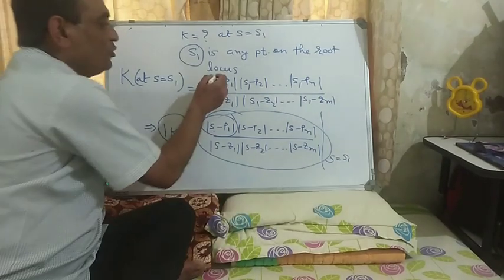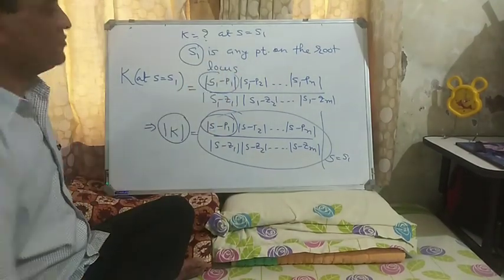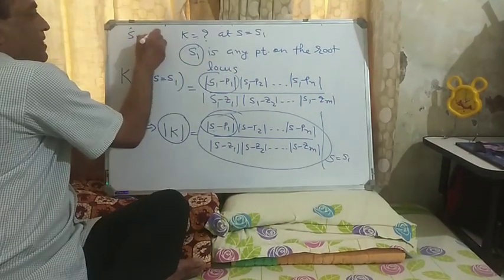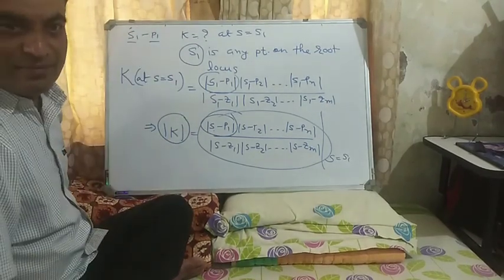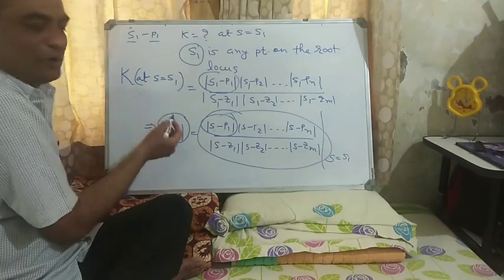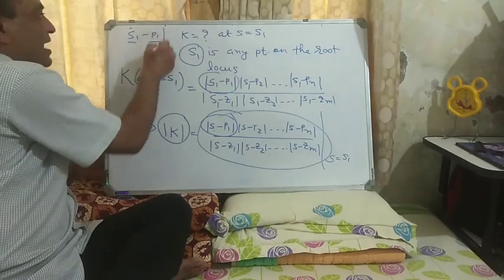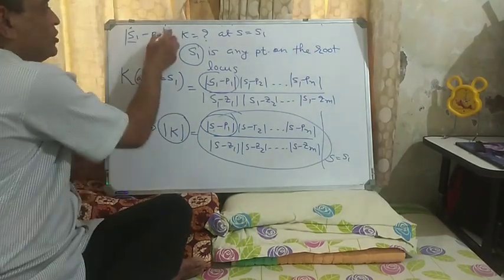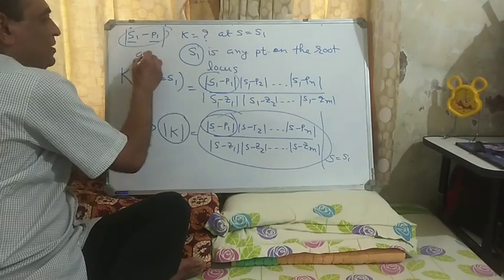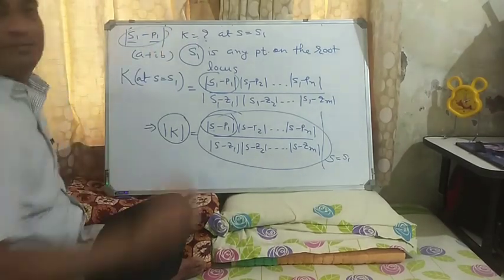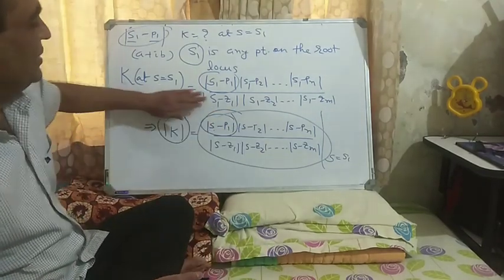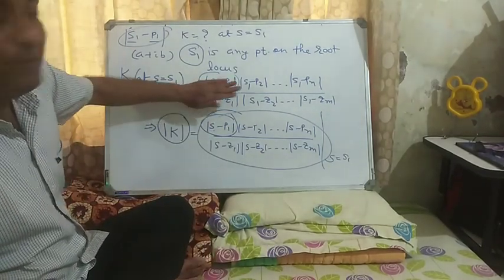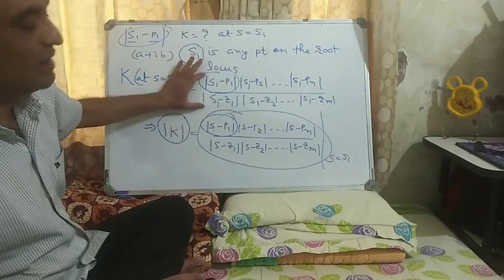Now, how do we calculate this? For s1 minus p1, I know the value of p1, and I know s1. s1 is something like a plus jb, and I can get the magnitude. So remember that the gain K at any point s1 on the root locus can be calculated like this.